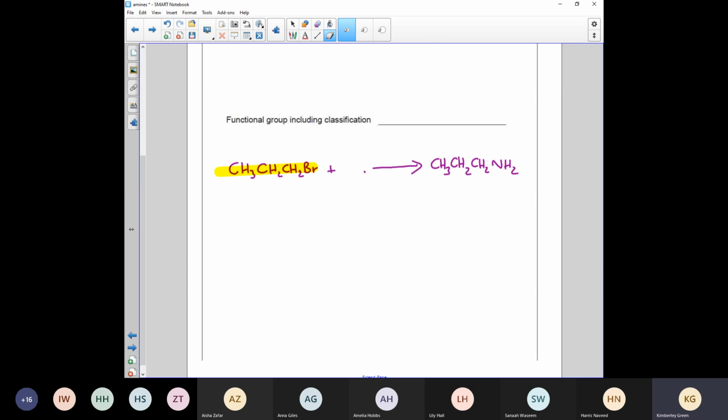That ammonia is going to run out, and we'll still have some halogenalkane. So that halogenalkane can go on and react with something else that has a lone pair. What else has a lone pair? Oh, this amine that we actually made. So what happens when all the ammonia is gone? Right, okay. Still got some of this left over.